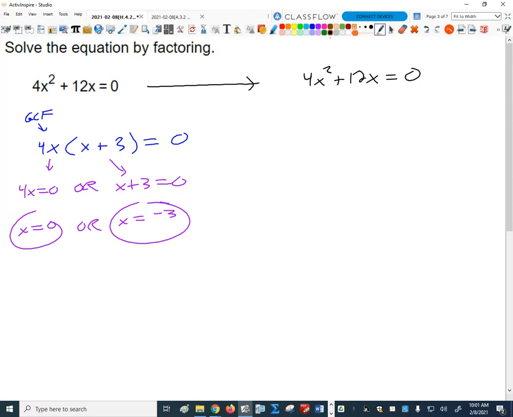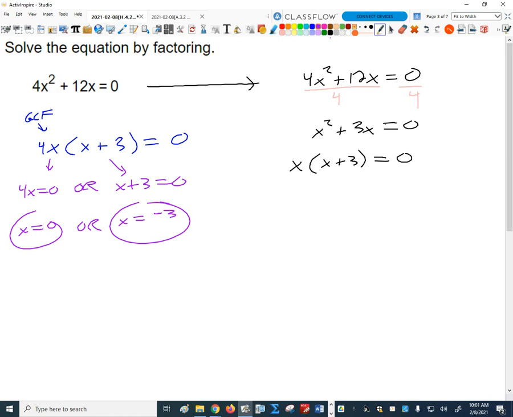So one thing I could do here is divide both sides of this equation by 4 and get x squared plus 3x equals 0. And now if I factor out an x, I just get x times x plus 3 equals 0. And this gives me my same solutions, doesn't it?